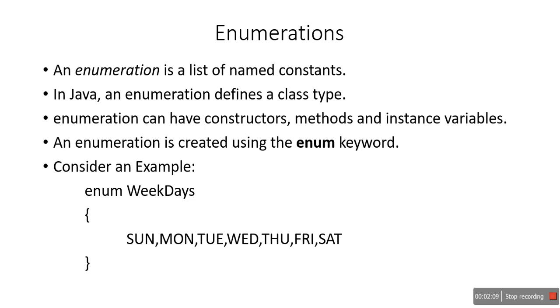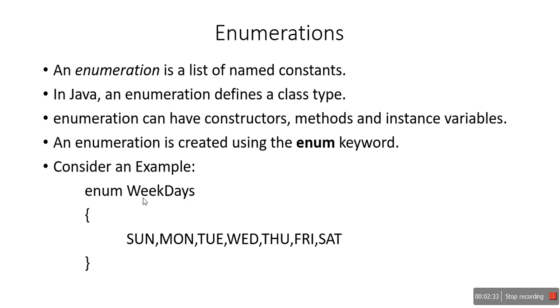Enumeration can have constructors, methods, and instance variables. So all enumeration types can have constructors, methods, and instance variables. Not compulsory, but enumeration can have constructors, methods, and instance variables also. So you can create an instance variable with respect to any specific enumeration type.